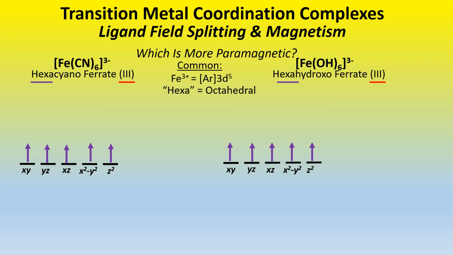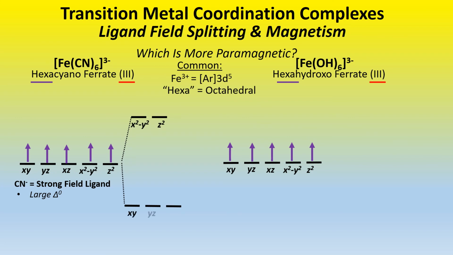I look further. Now for the differences. In the first case, CN minus cyanide is a strong field ligand, meaning I have a large crystal field splitting energy, meaning by the Aufbau principle, 3 electrons are going to go on the bottom.